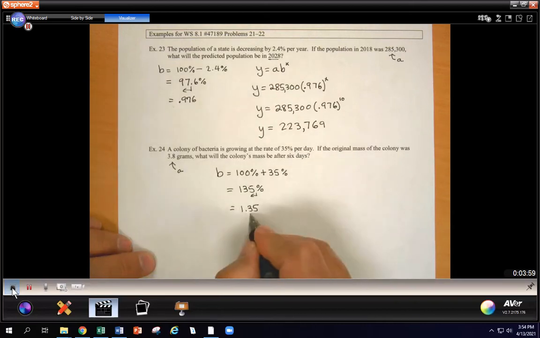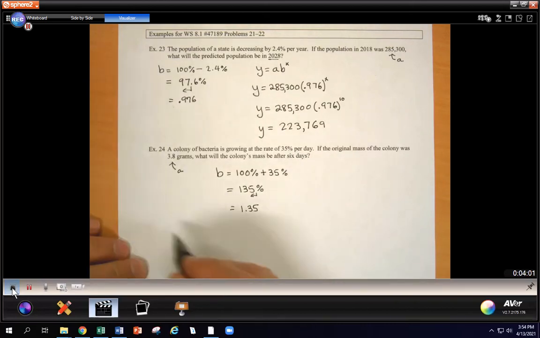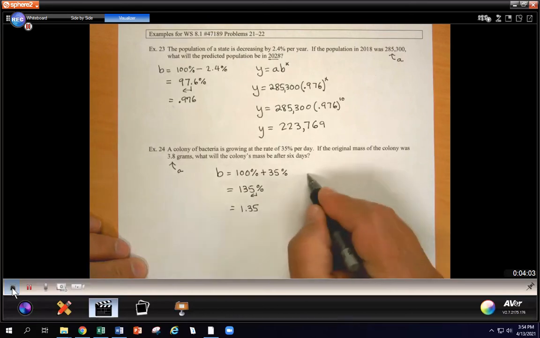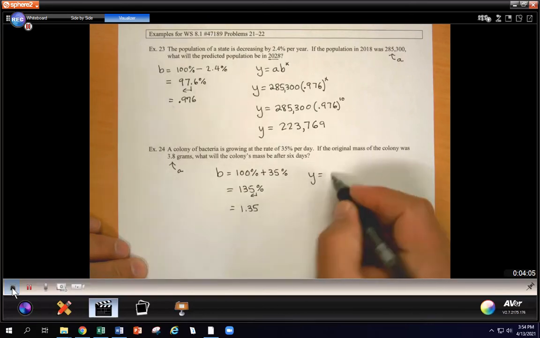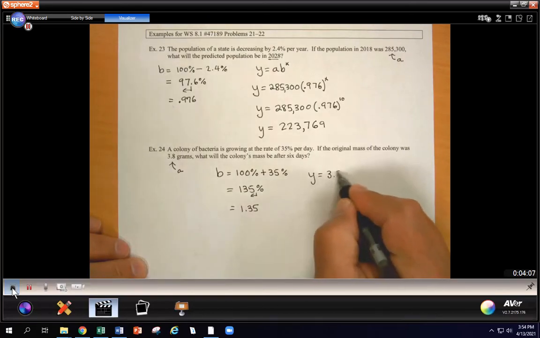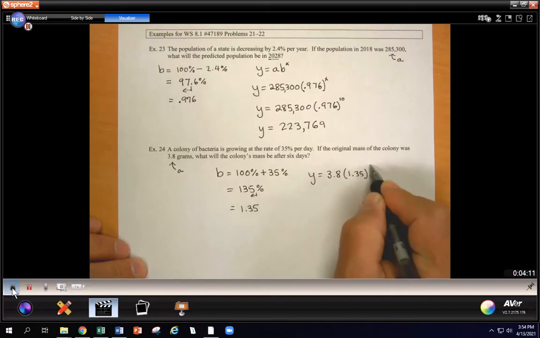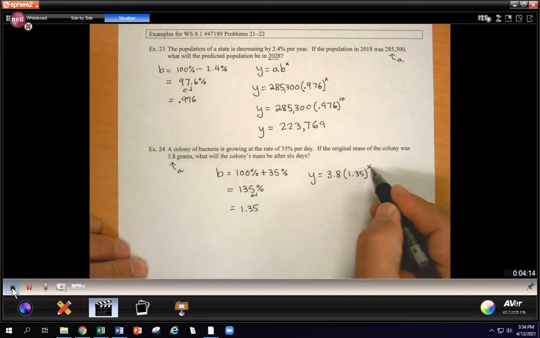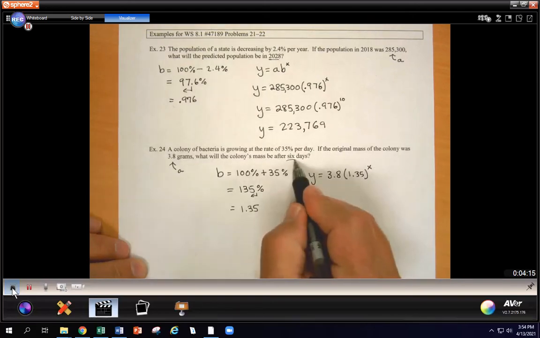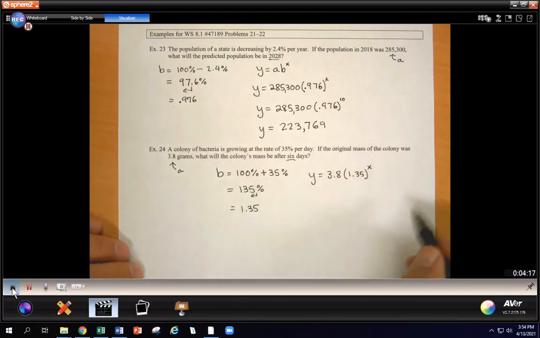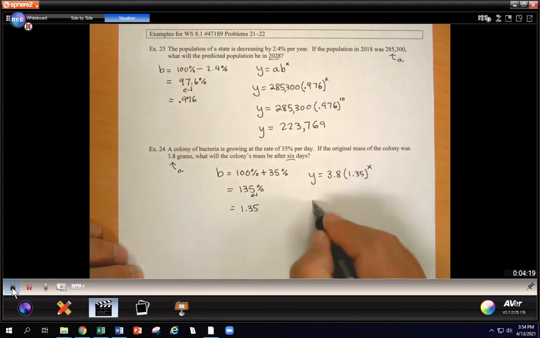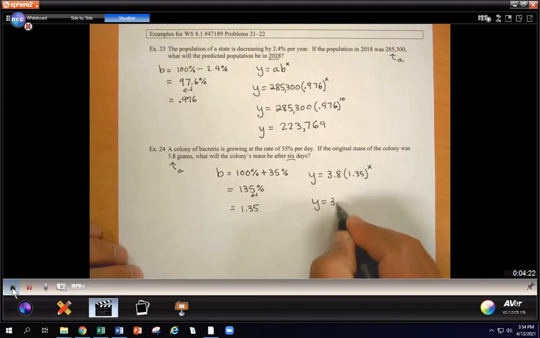So there's your base. There's the A value, and we're going to go ahead and set up our formula here. A is 3.8 grams, the base is 1.35, and we're going to use an X value here that they tell us. 6 days later. So we'll put a 6 up there, and that'll tell us the answer we're looking for.